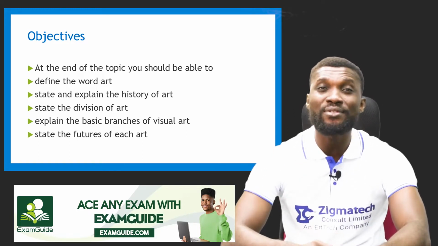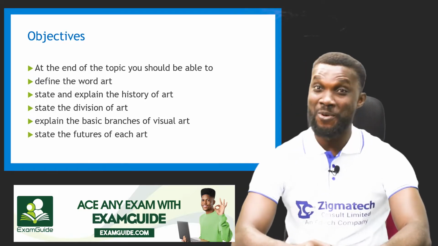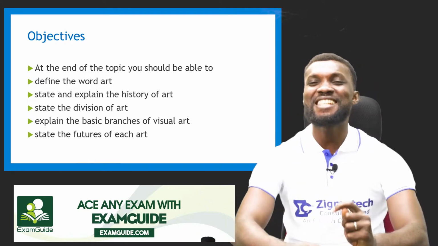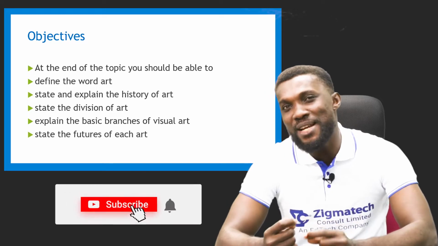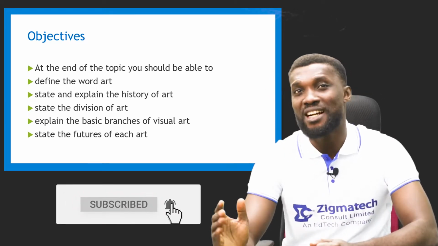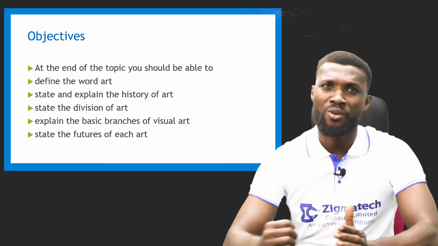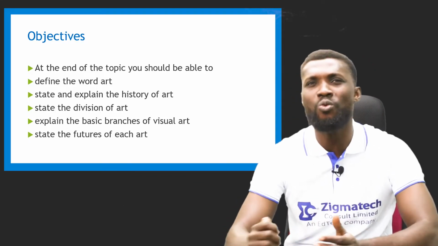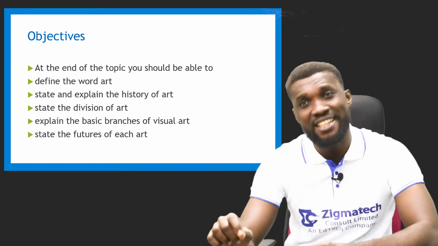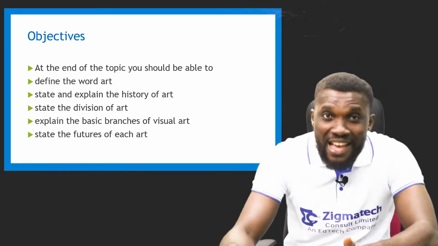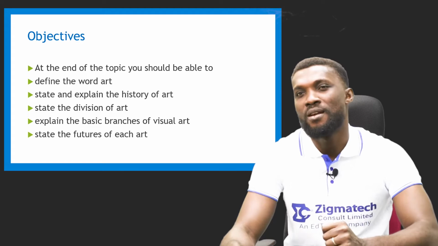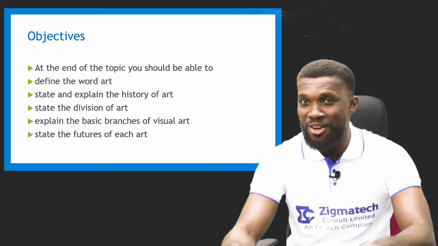You'll be able to define the word art. Number two, you will state and explain a brief history of the word art. How did the word come about? Who created this word? Who coined it? What exactly does it mean? Where does it originate from? You get that by the end of this class.